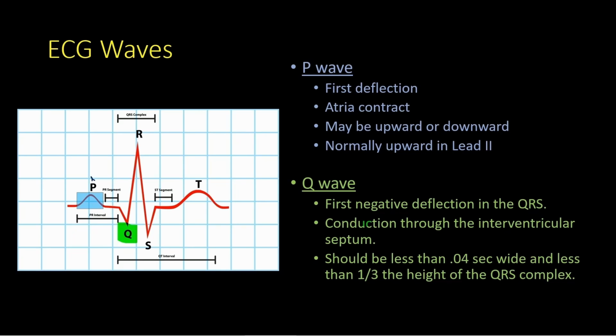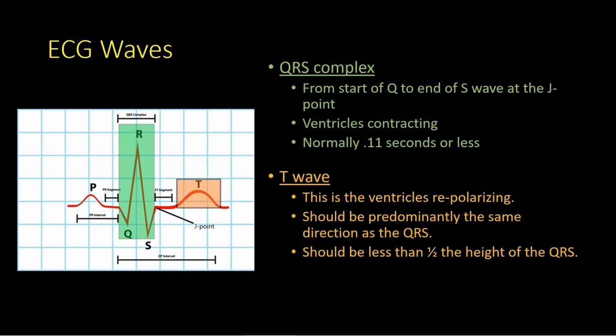As that electrical impulse moves on, we have our QRS complex. It starts here, and it goes all the way through the interventricular septum, and then we have a large upward deflection. That upward deflection would be the trip of the impulse down through the center of the interventricular septum, and this downward deflection will be the impulse going out through the Purkinje fibers.